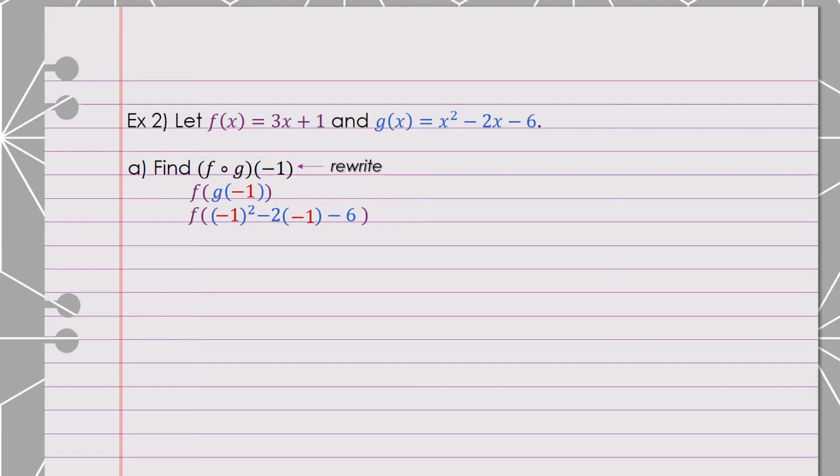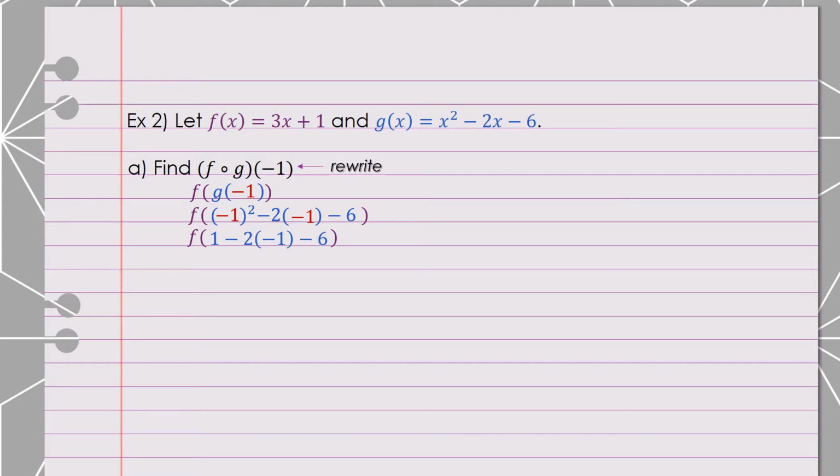Now on the inside we have all these values, which means we must follow GEMS. Notice we have no grouping, but we do have exponents. Negative 1 squared means negative 1 times negative 1, which gives us positive 1, and everything else stays the same. There's no other exponents, but there is multiplication.